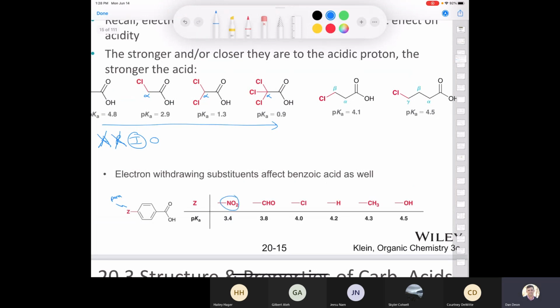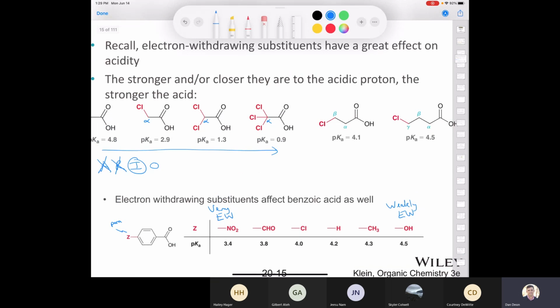A nitro group is very electron withdrawing, whereas a hydroxyl is very slightly electron withdrawing. It's electron withdrawing by induction, but it's also electron donating through resonance. So weakly, we'll put weakly electron withdrawing, okay? Anyhow, so that's representing the effect of an electron withdrawing substituent on a benzoic acid derivative.